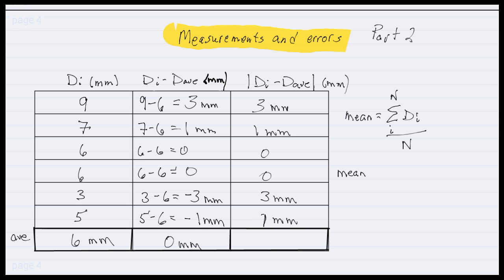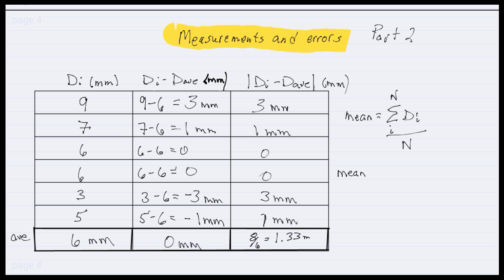Now, if we add these up, it's 3 plus 1 is 4, plus 3 is 7, plus 1 is 8. We have 6 numbers, so 8 over 6 is our average deviation. We can write this as 1.67. Is that right? No, that's not right.